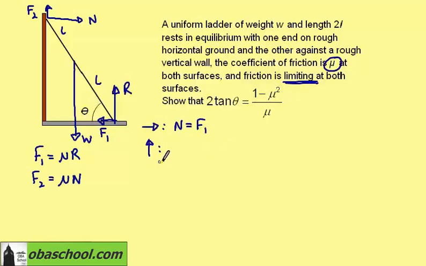Considering vertically, we have R, the friction, and the weight acting downwards. So R plus F2 must be equal to W.